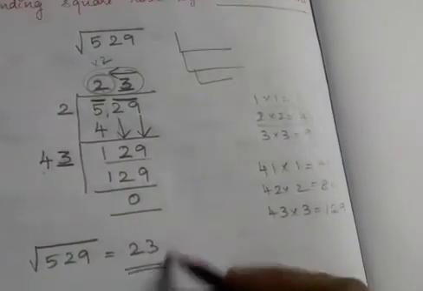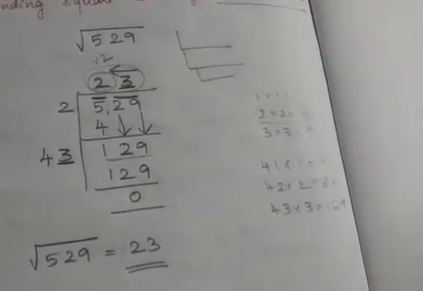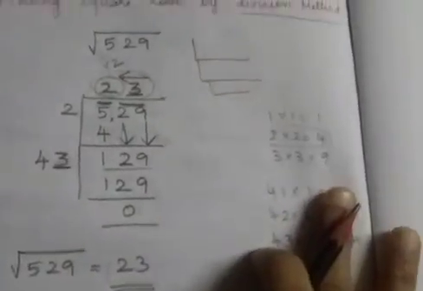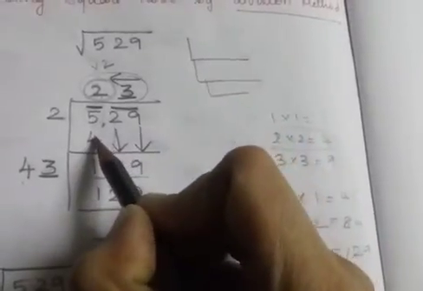So this is how you should find it. 23 into 23 is nothing but 529. What should we do first? You should pair the digits, children. Then take the first pair and find the square of the values. 1 one is 1, 2 twos are 4, like that. Continue as far as it is possible. 2 twos are 4, you should stop at this.